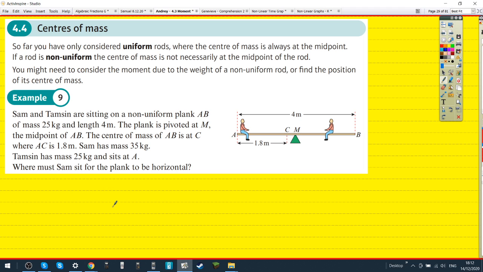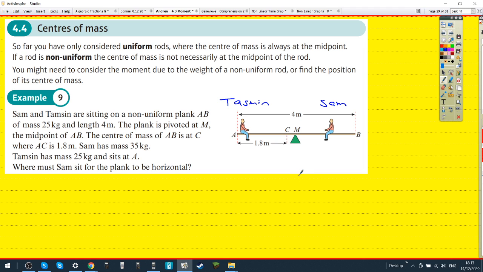Example 9. So, are we gonna have to start doing labeling again?